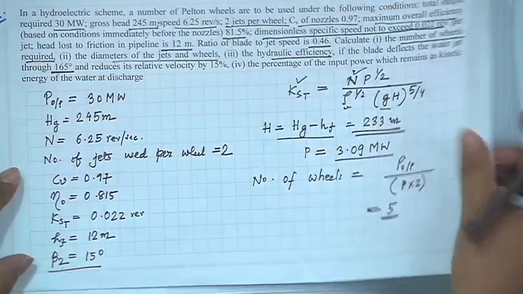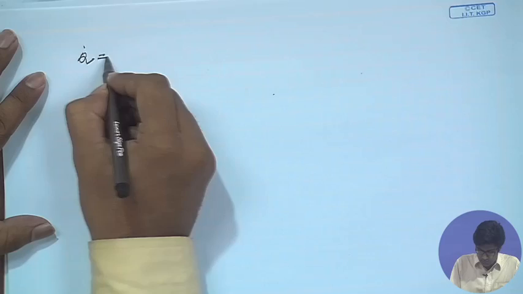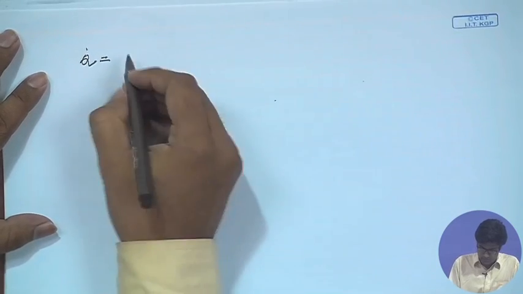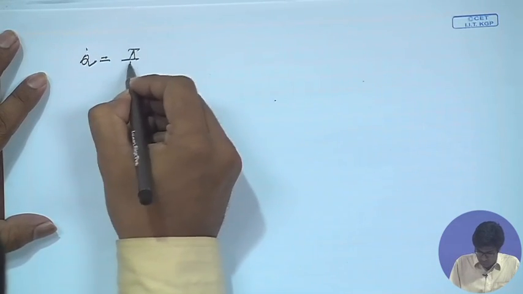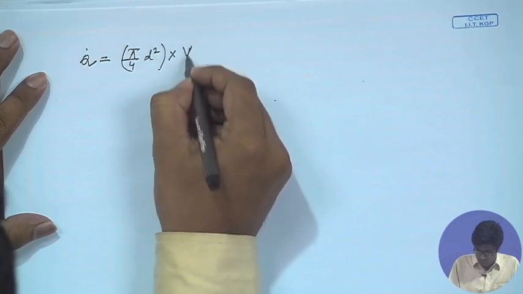So, to find out the diameter of the jet, we can write that the flow rate of water of the jet is pi/4 d square into the jet velocity.